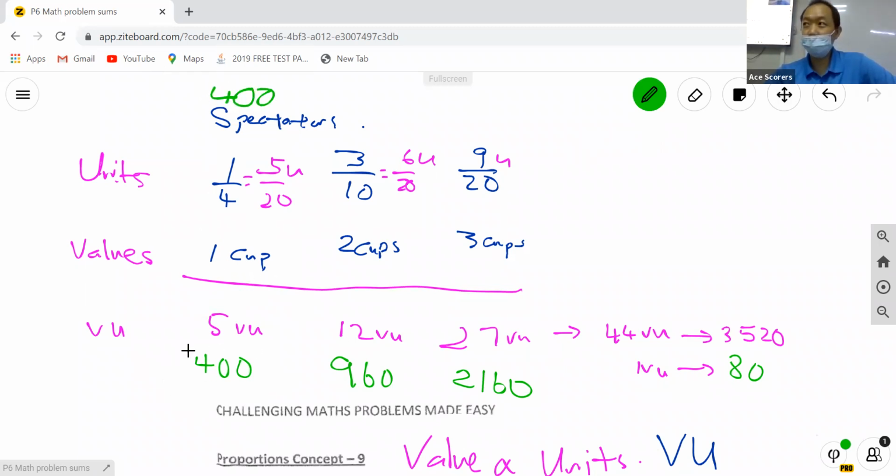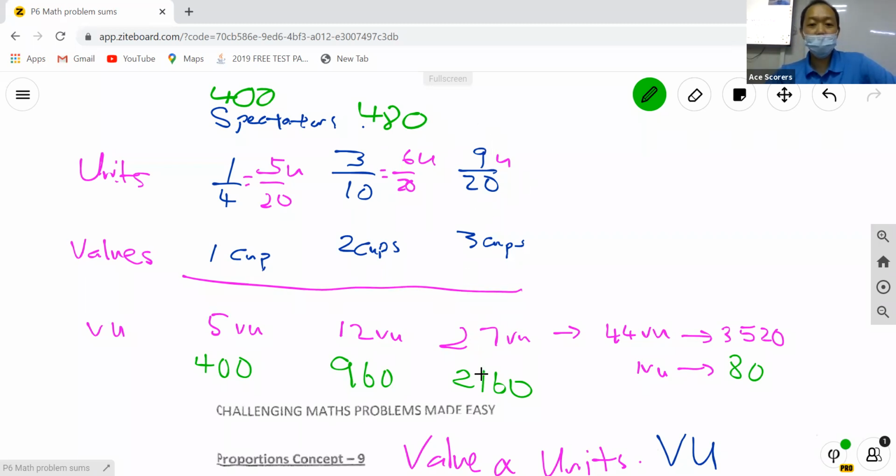So how many people bought 2 cups? There are 960 cups. Divide by 2, so that's 480. 480 times 2 is 960, right?